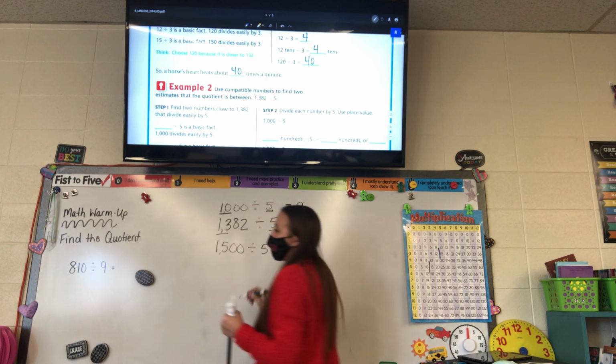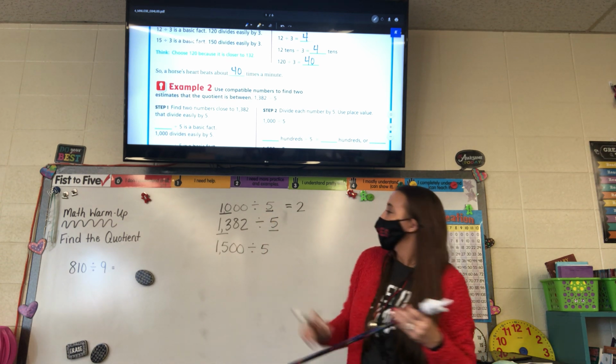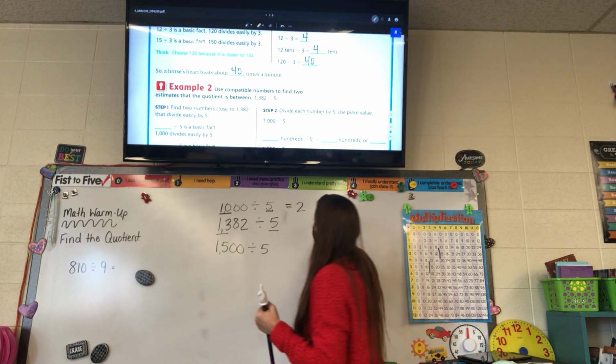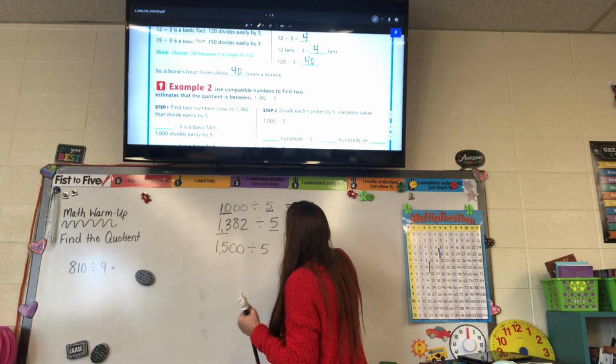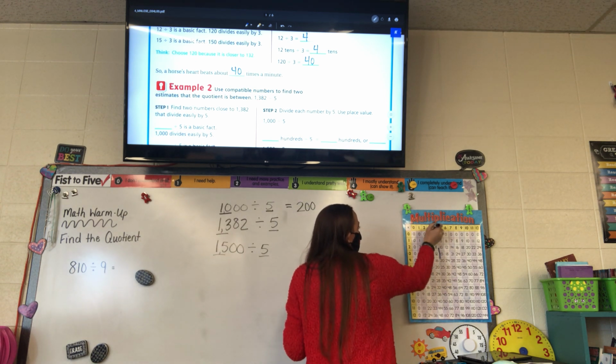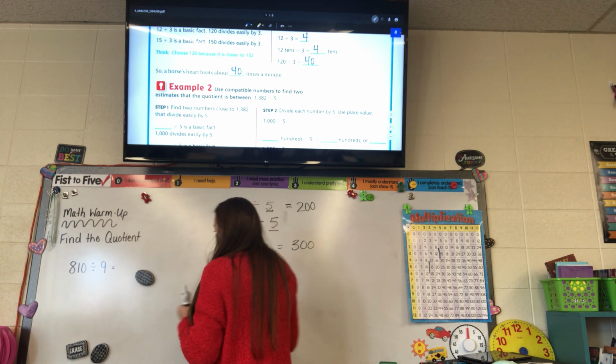How many zeros do you need to add on? 2, because we used 1 for our basic fact, right? Okay, good. And then 15 divided by 5, 3, with 2 zeros behind it.